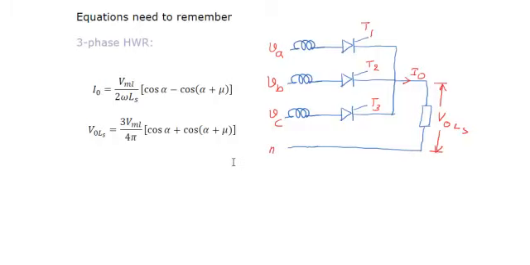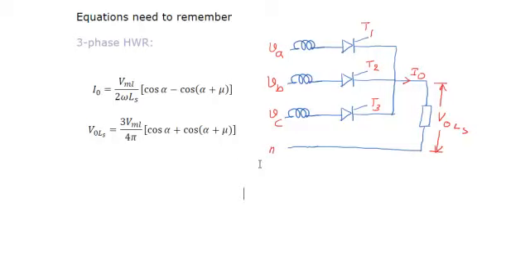If you look at this one, you can see without source inductance, V average in case of three phase half wave rectifier with continuous load current is 3VML divided by 2 pi into cos alpha. Now cos alpha is replaced with cos alpha plus mu by 2, then it becomes 3VML by 4 pi into cos alpha plus mu.